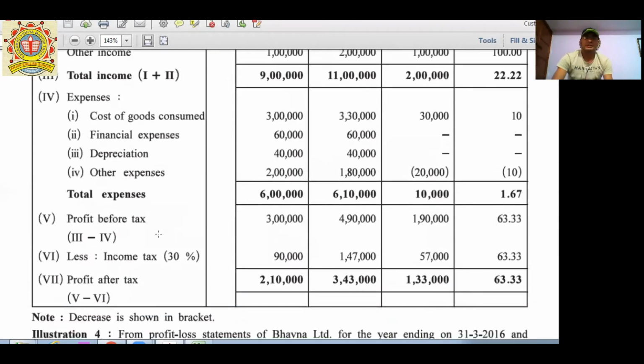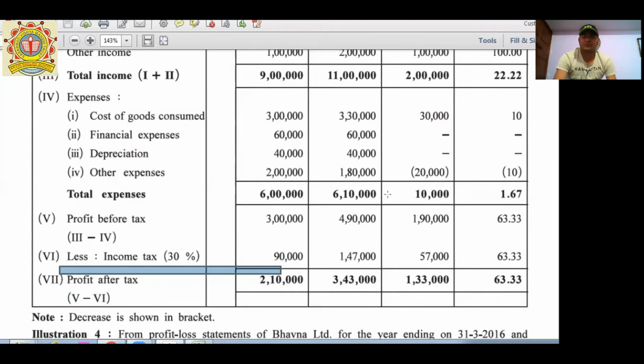So income tax at 30% on 3 lakh comes to 90,000, and on 4 lakh 90,000 it comes to 1 lakh 47,000. Got it? Finally, profit after tax: 3 lakh minus 90,000 is 2 lakh 10,000, and 4 lakh 90,000 less 1 lakh 47,000 comes to 3 lakh 43,000.